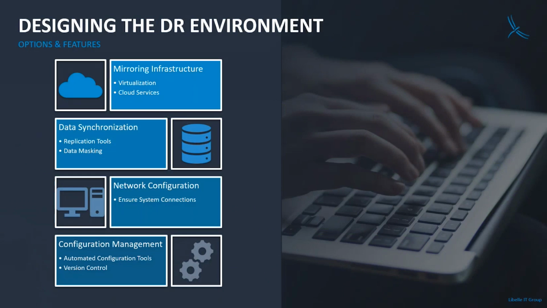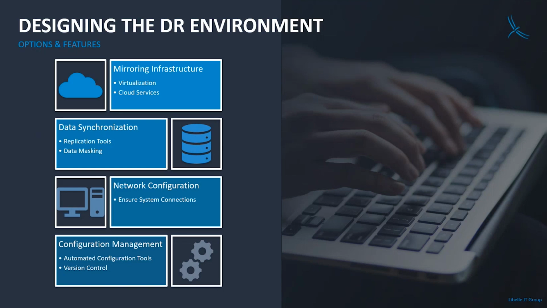When creating the DR environment, we have different ways of doing that. For mirroring the infrastructure, we can use virtual machines or, for example, Docker containers to be independent of physical machines. We can also use cloud services, for example, having the DR environment in the cloud. For synchronizing the data between the production system and the DR system, we can use replication tools like Libelle Business Shadow.